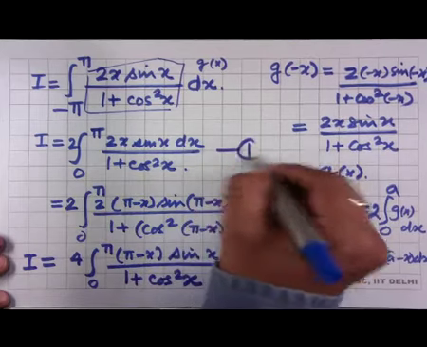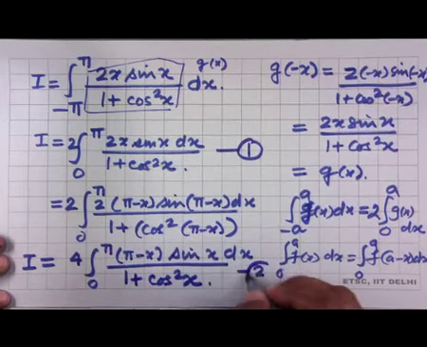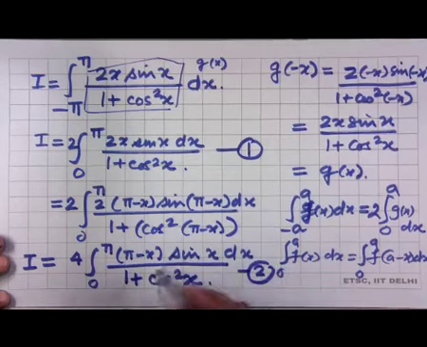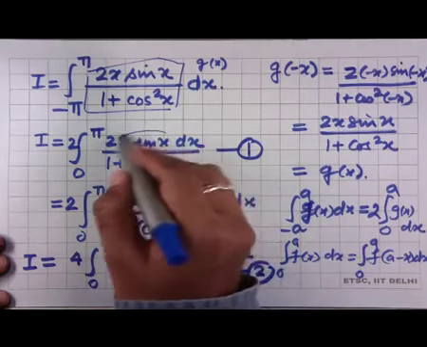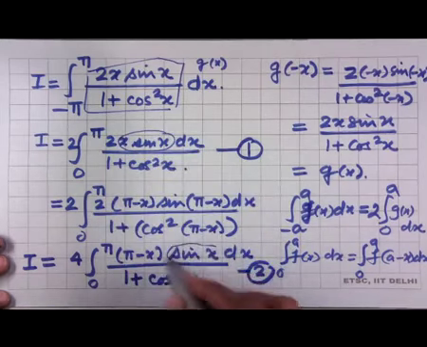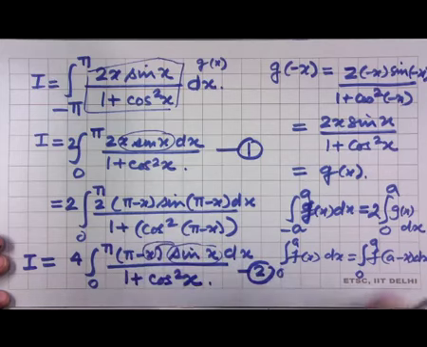Now if this is 1, this is 2, by adding 1 and 2 you will see that this term will be cancelled.